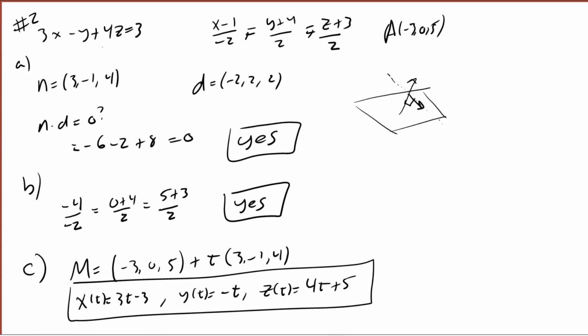Okay, so I'm going to go back and look at part B because it says determine whether A lies on the line L. If it doesn't, find the distance from A to L. All right, so I have x minus 1 over minus 2 equals y plus 4 over 2, z plus 0 over 2. Okay, so we plug in 5, we get 8 over 2 is... Oh, I see. Okay, so no, I made a mistake.